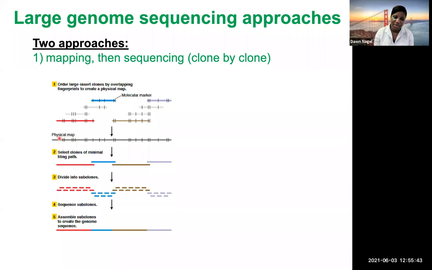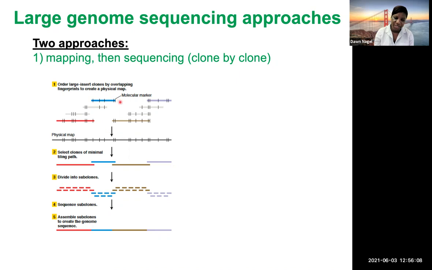So this map, which is called a physical map, gets generated because you knew beforehand certain regions within this DNA, where they were located on the DNA, so you can put them together.